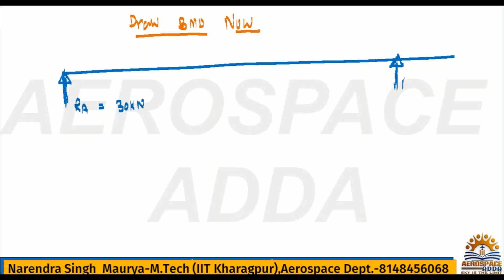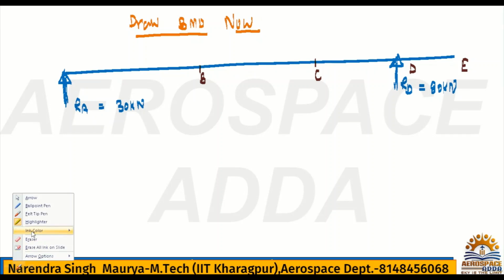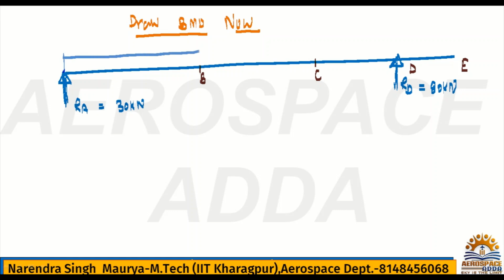RD, you had calculated 80 kilonewton. Here if you see, this is nothing but B, and here this is C, this is D, and this is E, right? Now if you check, this is nothing but UDL, and here we have a bracket load.